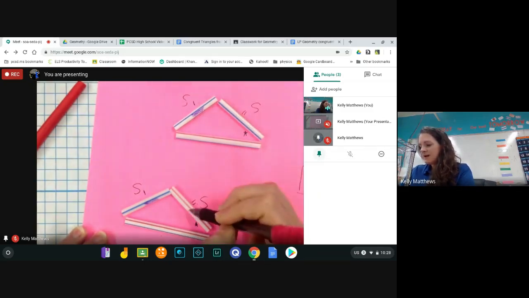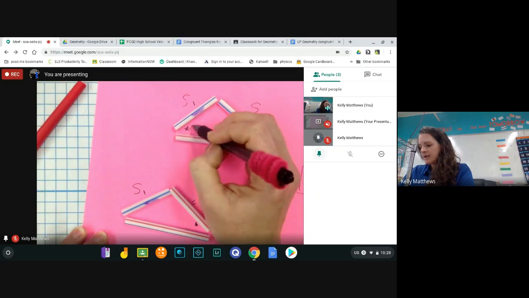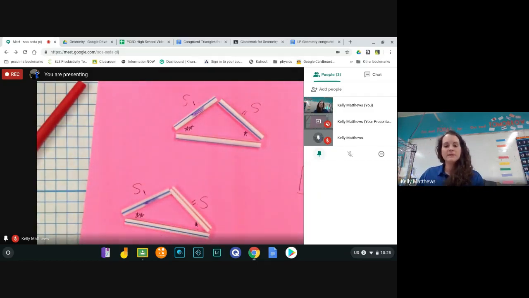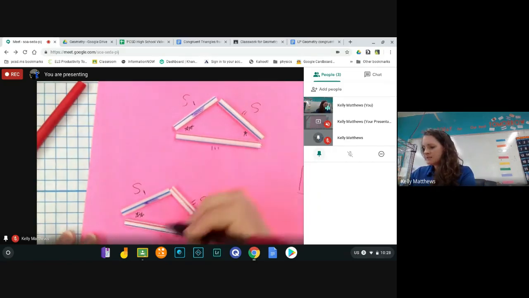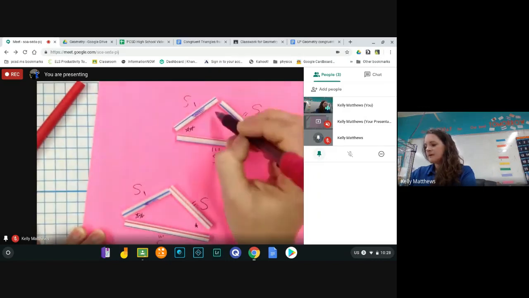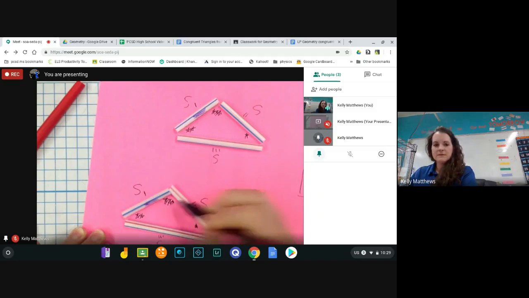Since these sides match, these angles across from them also have to match. We didn't know it. We weren't told it, but we can assume it because of that relationship. Angle, opposite side. One matches, so does the other. These sides match, and so same thing. Since I know something about these sides, I didn't know about these angles, but now I do.